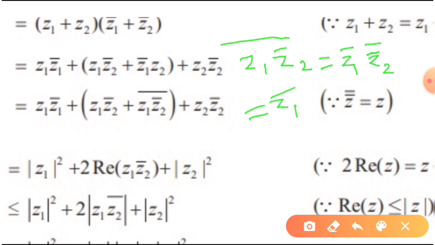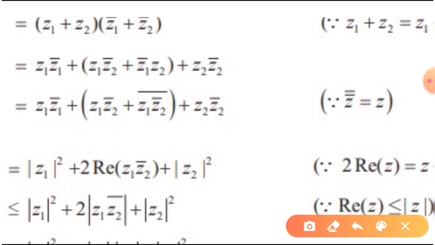Here the z2 bar cancels, so z1 bar is remaining, so z1 bar into z2.